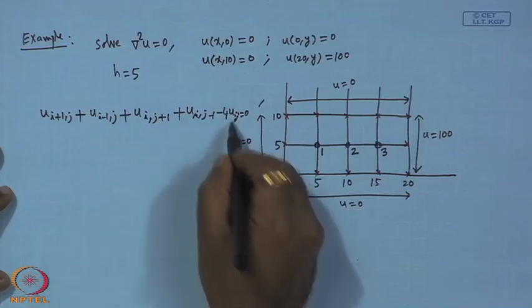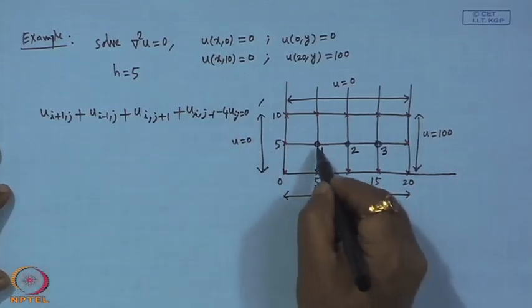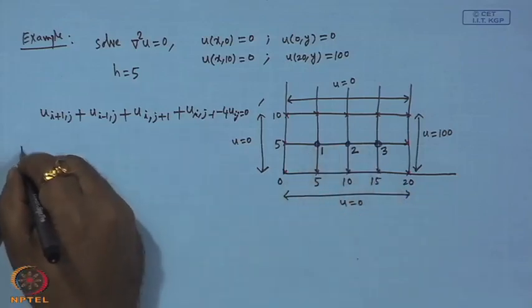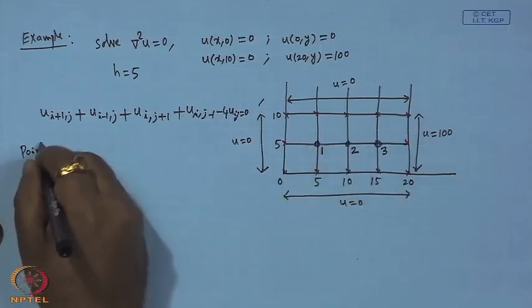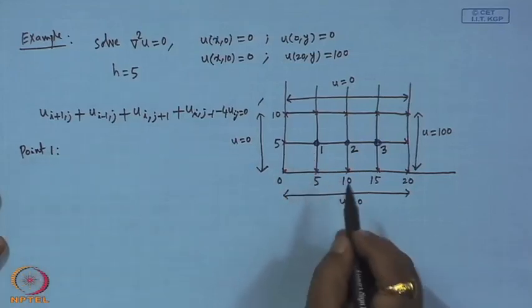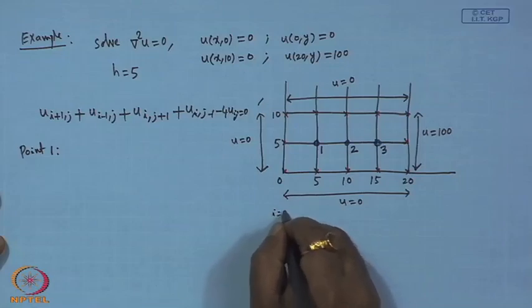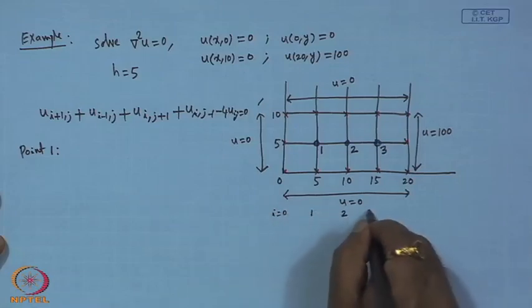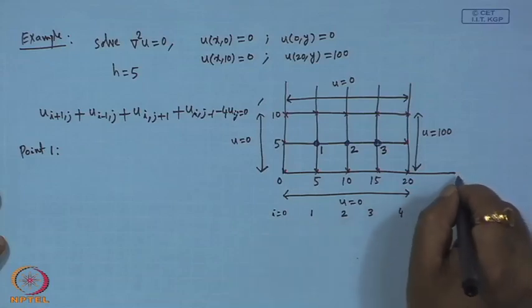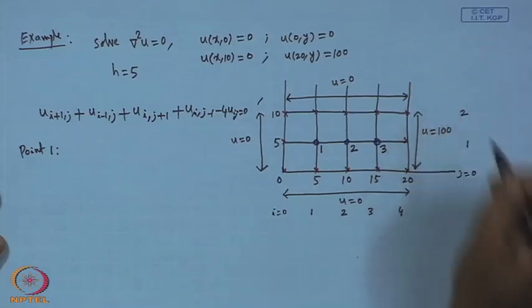So, this is our discretization. Now let us say this corresponds to point 1. So, point 1 corresponds to, so i is 0, 1, 2, 3, 4 and j is 0, 1, 2.